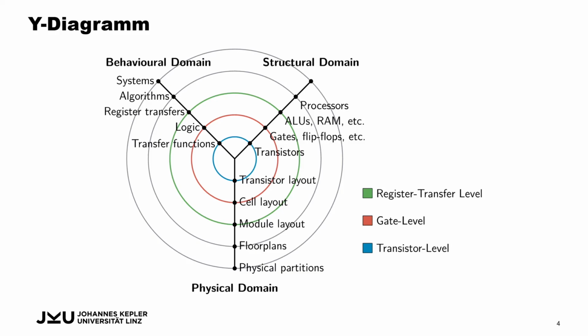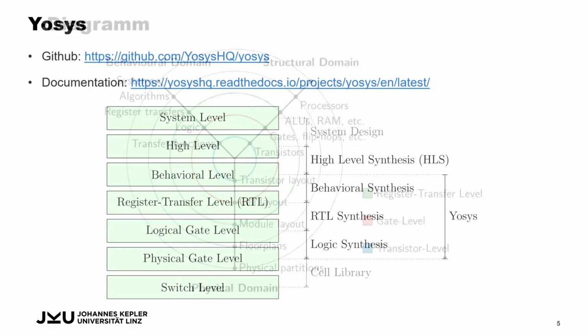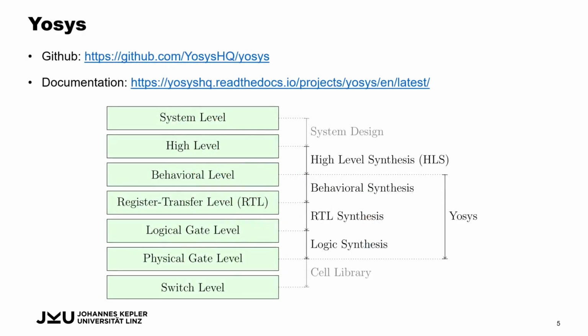But we are starting at the register transfer level with our HDL code, for example in Verilog or VHDL or whatever other HDL languages are out there. Then we go to the gate level where we have the logic, and then the transistor level, where we have the transistors, parasitic extraction and so on. And for example, IIC-OSIC is doing the behavioral synthesis, the RTL synthesis, and the logic synthesis.